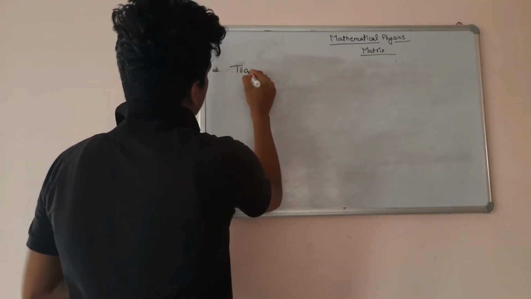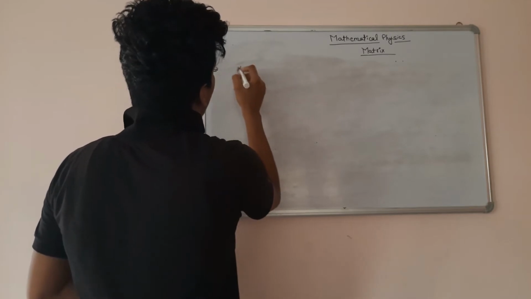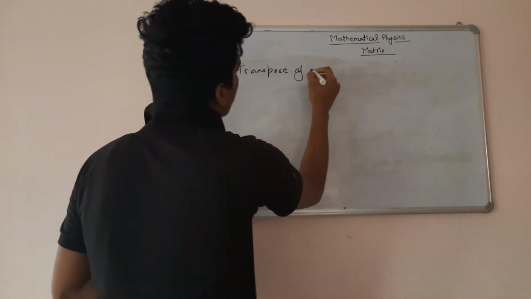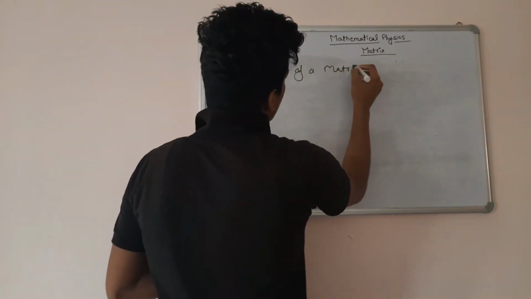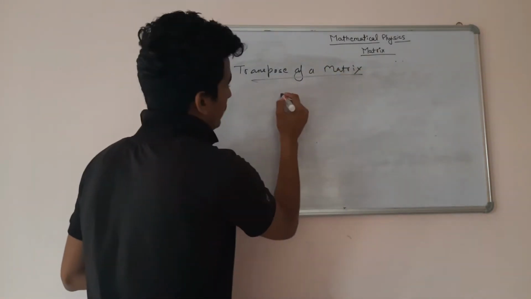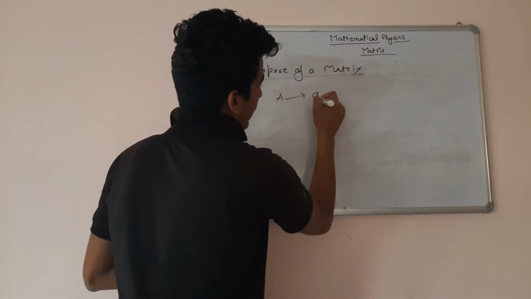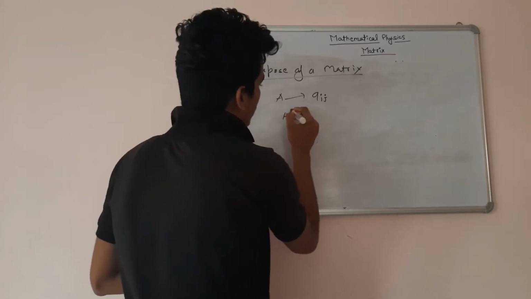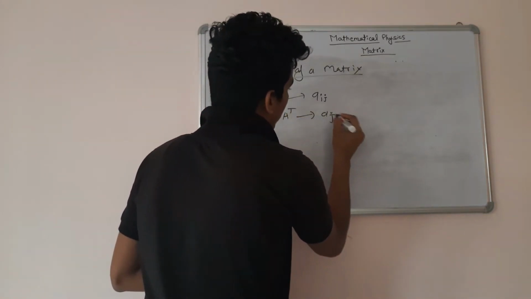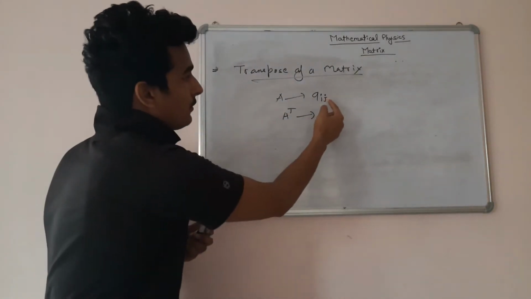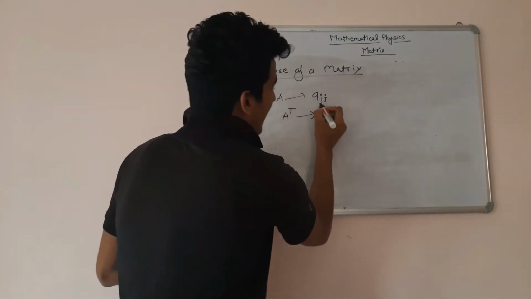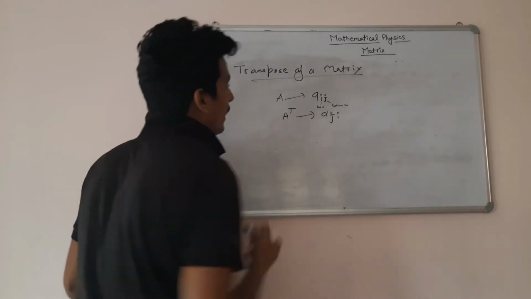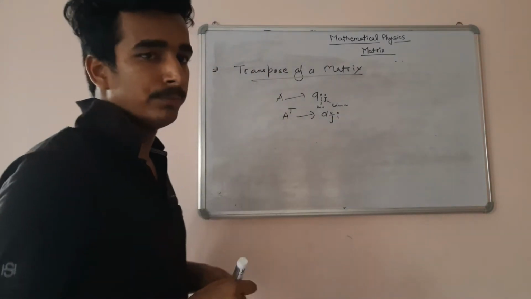If any element of A is represented by Aij, then the element of A transpose is represented by Aji. You all know that i represents the row, j represents the column. So it's just an interchange of row and column.